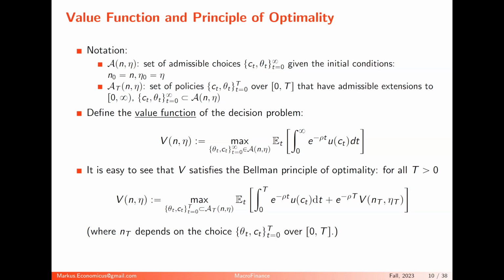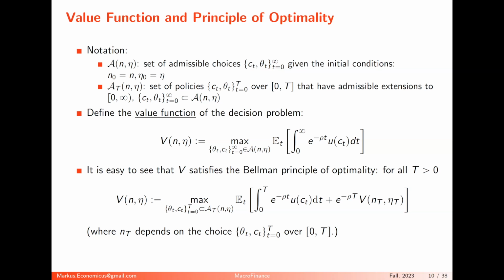So when you do something from zero to capital T, at capital T you will end up with some net worth, and the aggregate state will also end up at eta sub capital T, and then the value function captures all the future from that. In general, the value function, as I said last time, goes from a particular point in time towards the future.